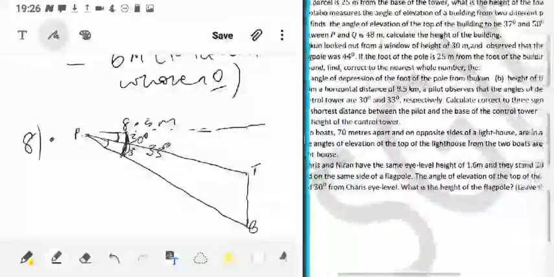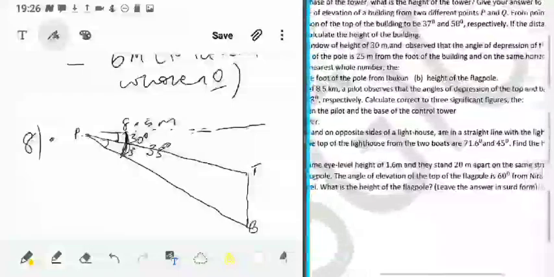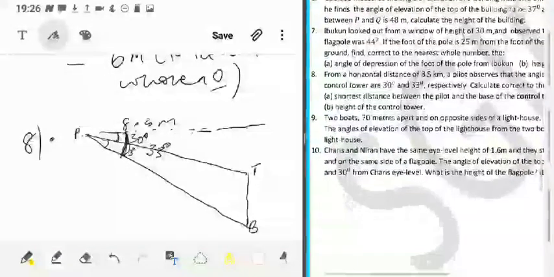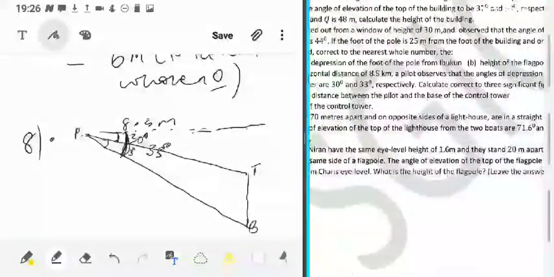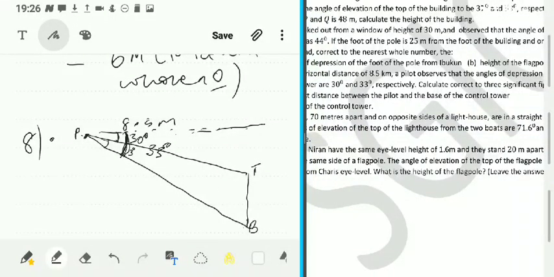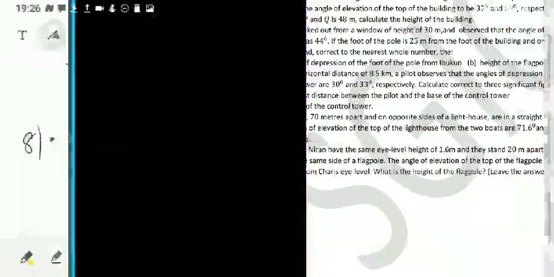Calculate correct to 3 significant figures the shortest distance between the pilot and the base of the control tower. Shortest distance, pilot here and the base of the control tower. So this is what we want to look for, PB.